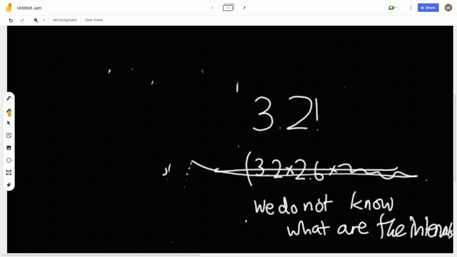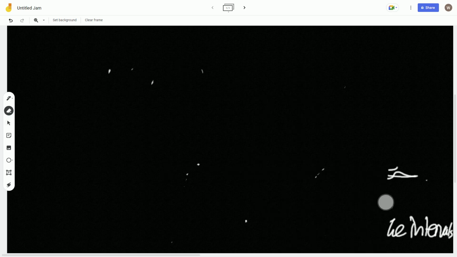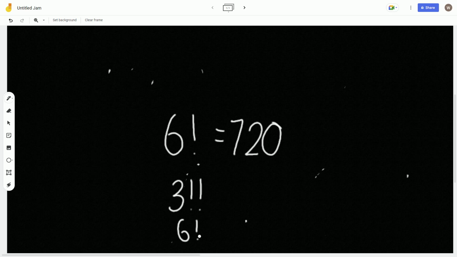However, it is good to know that you can actually have double factorials. 6 factorial is 720, but you can actually use 3 factorial factorial, which is 6 factorial, because 3 times 2 times 1 equals 6, and 6 factorial is 720.